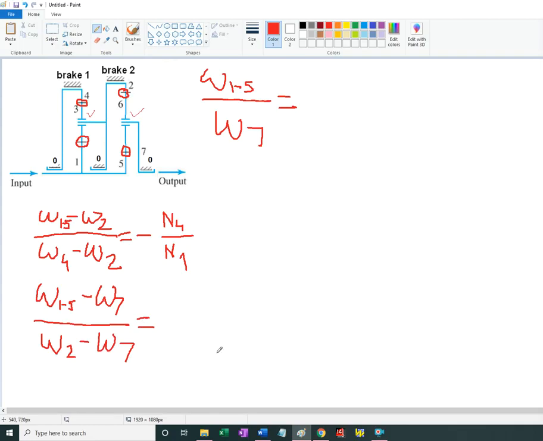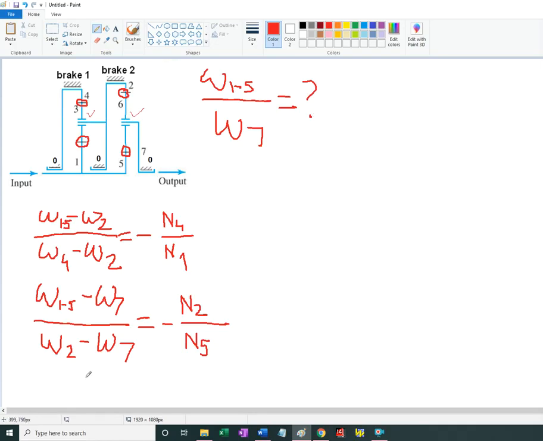And in terms of number of teeth, I'll also have the same as above, negative number of teeth of 2 over number of teeth of 5. And again, we're doing analysis, so these are all assumed to be known. Ultimately, I'm interested in this ratio.